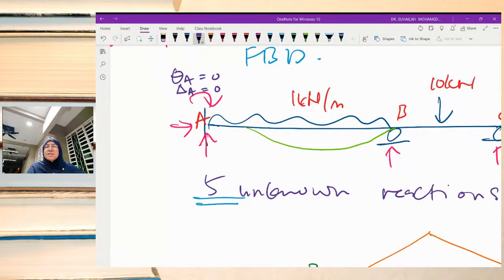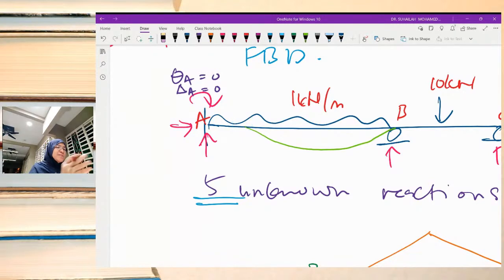There is also no vertical movement, so delta at A is equal to 0. Again, we don't count the horizontal component because its value is always 0. That is why, when we draw the deflected shape, we have to draw it somewhere here.